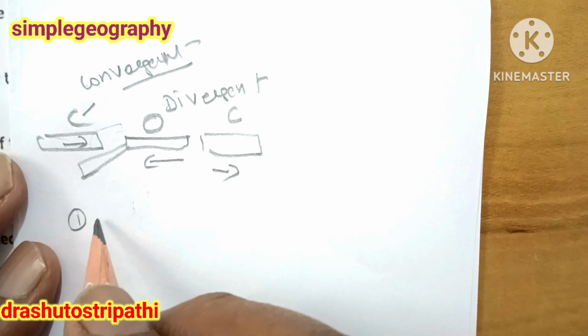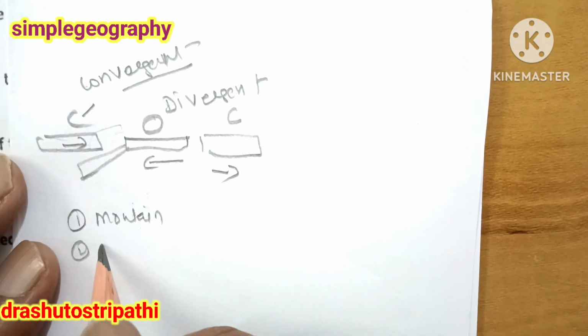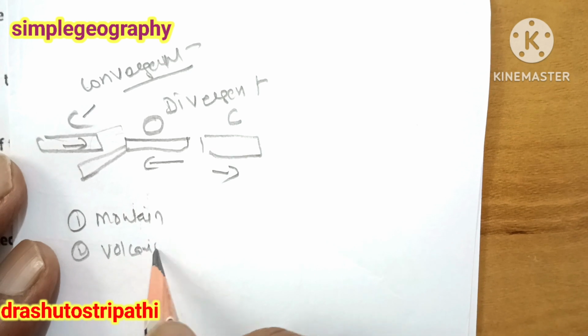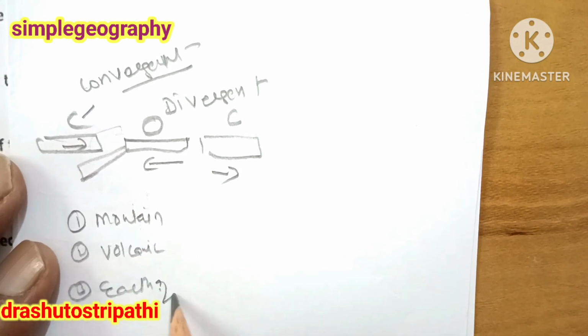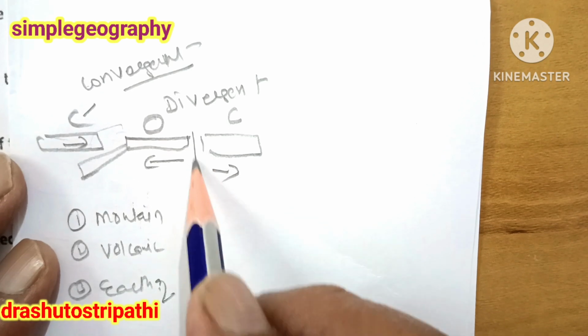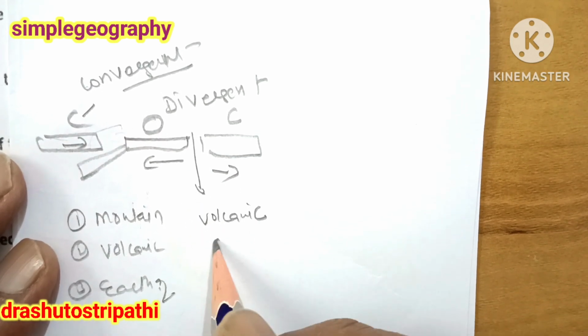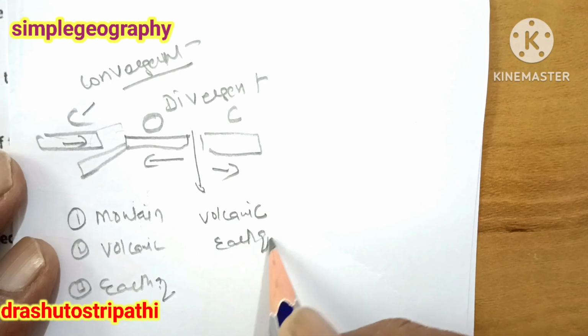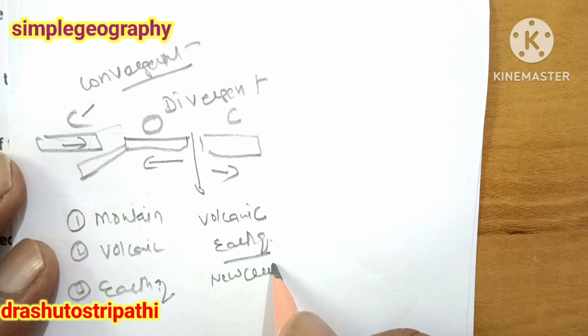When the convergent movement takes place and the two plates collide, what happens? Mountain building, volcanic eruption, and earthquake. When the two plates move apart, in this process volcanic activity takes place, earthquake takes place, new crust is formed.